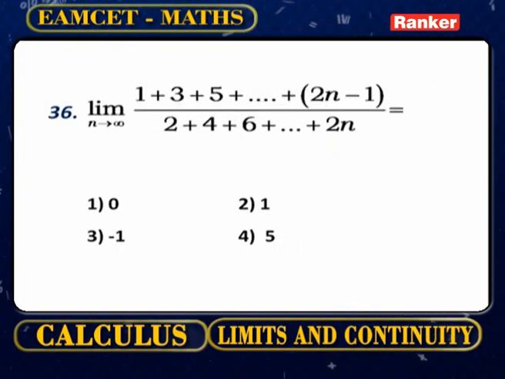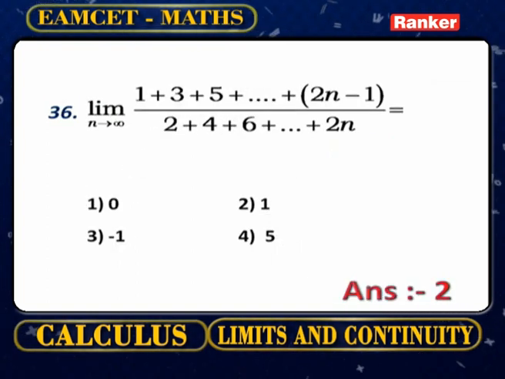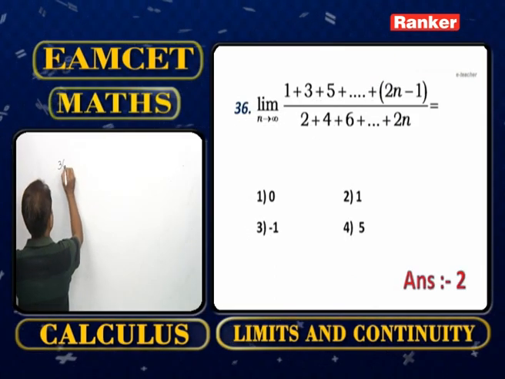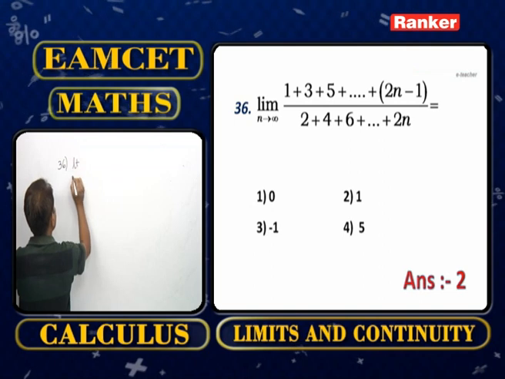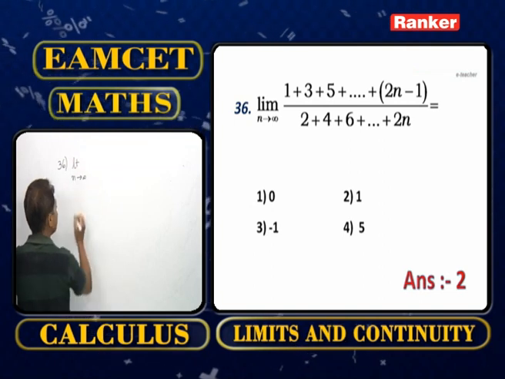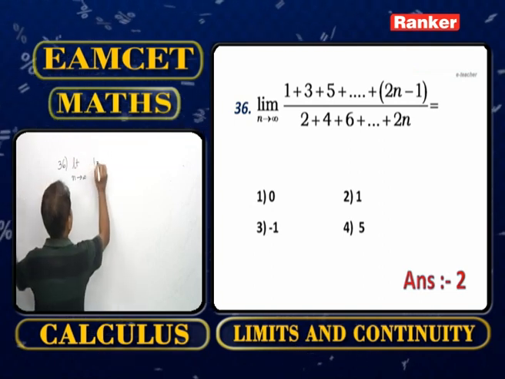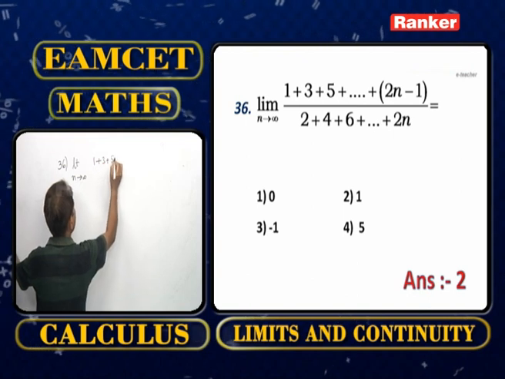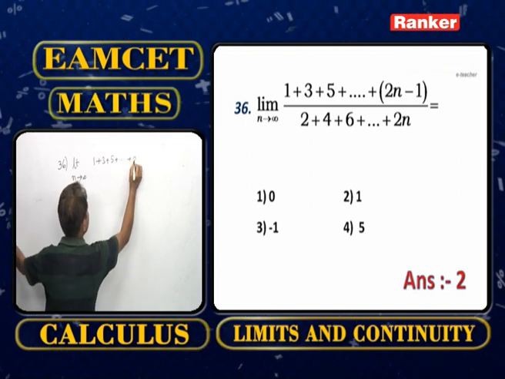Now, we will move to question number 36. Limit n tends to infinity, sum of odd numbers by sum of even numbers.